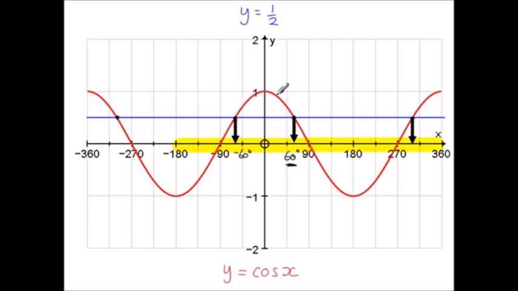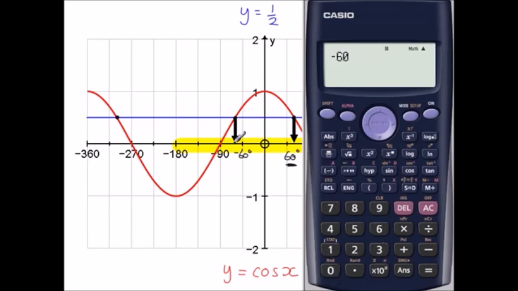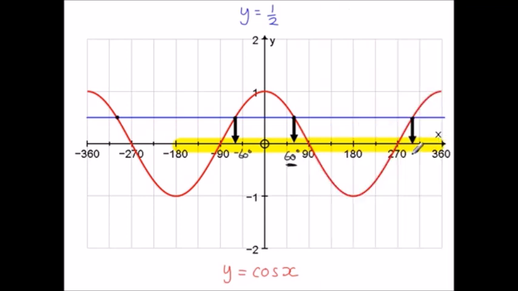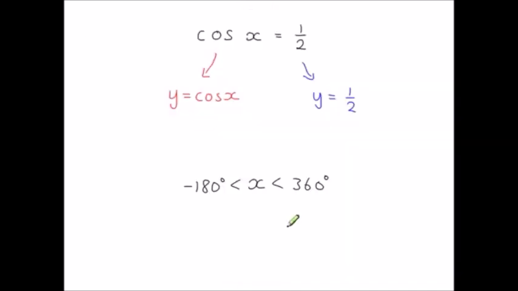And looking at the period of the graph, this solution here is 360 degrees from this one. So minus 60 plus 360 is 300, so the angle there is 300 degrees. So we have our solutions. These are the values of x which are solutions to this equation for values of x in this range.